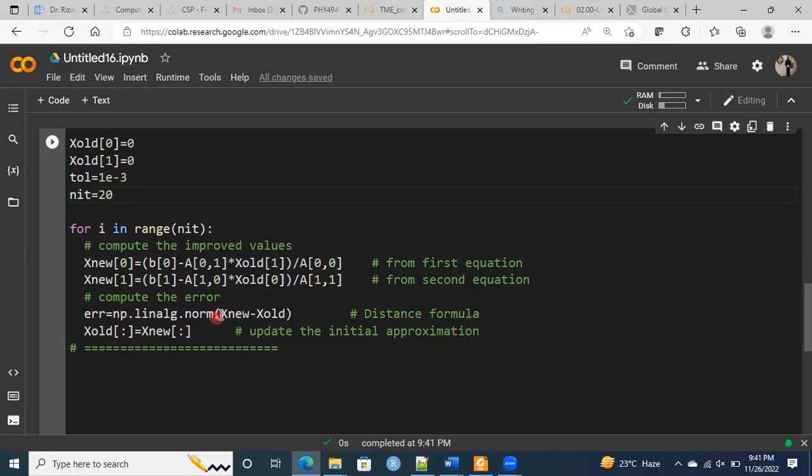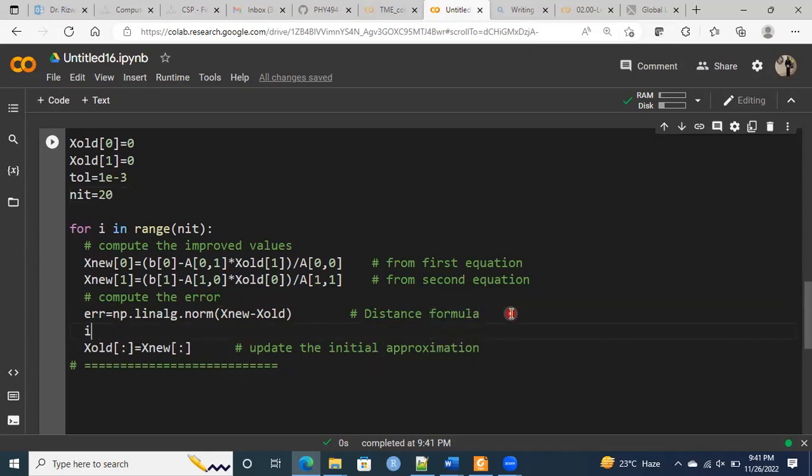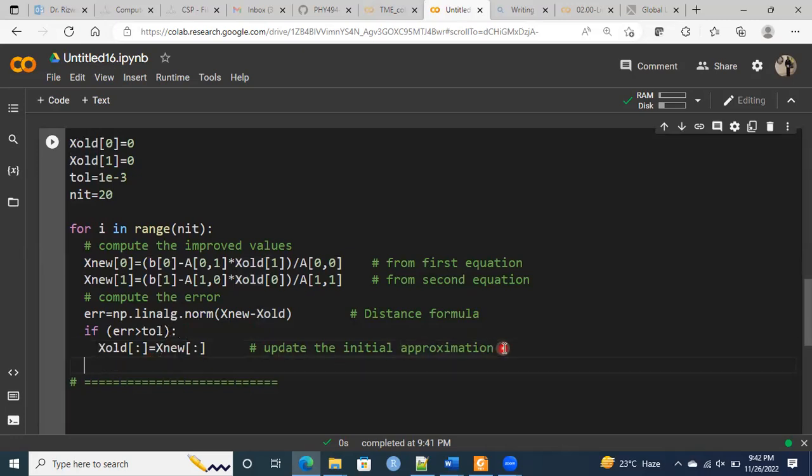And now let me write a check over here. After the computation of error, I check if error is greater than the tolerance level, then there is need to perform a new iteration, else there is no need to perform further iterations.